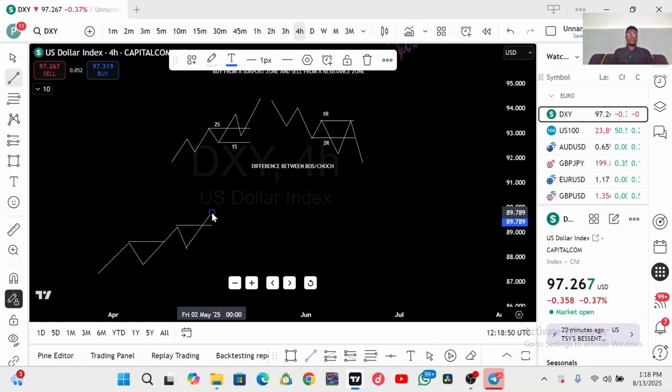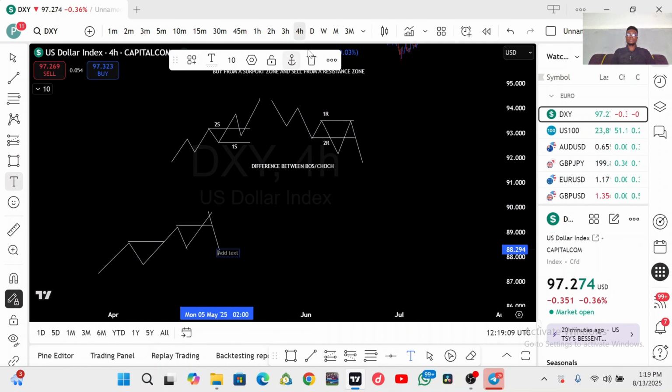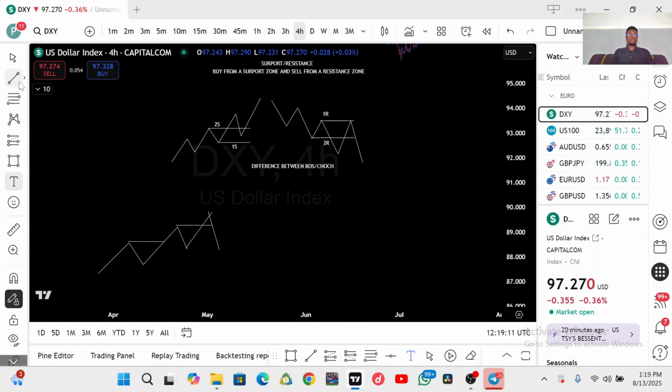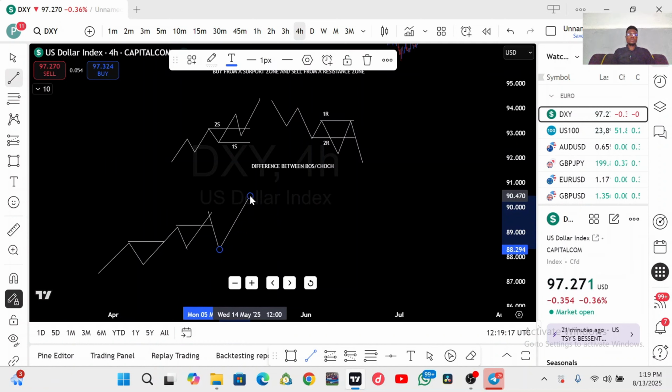We want to see price come back to retest, possibly make a double bottom, then boom. Please pay attention to the lesson, not my drawing. Then boom, now we keep seeing BOS happening.